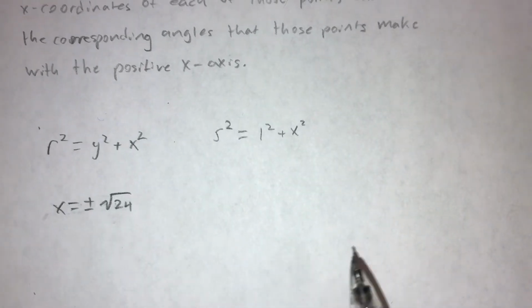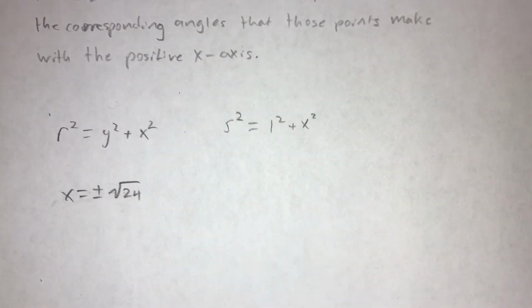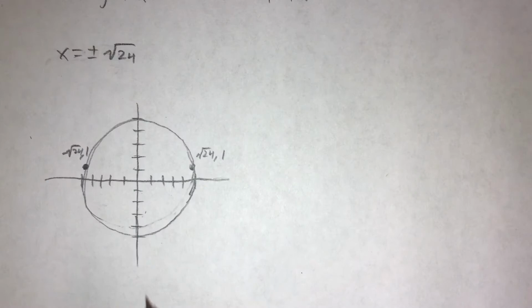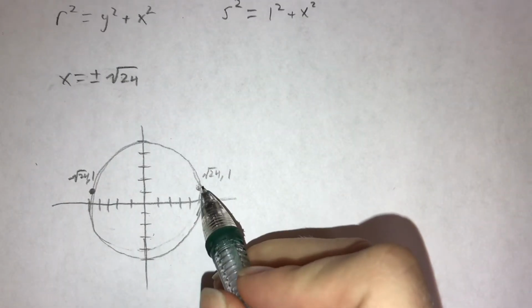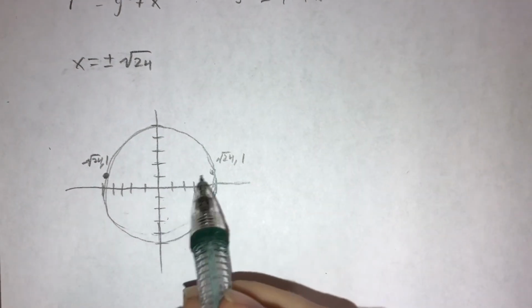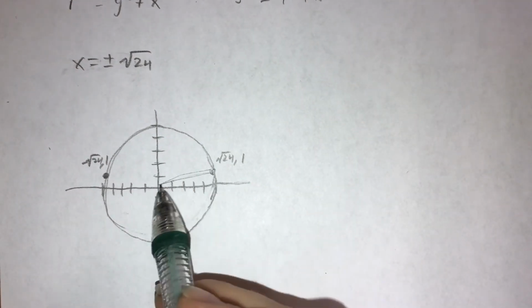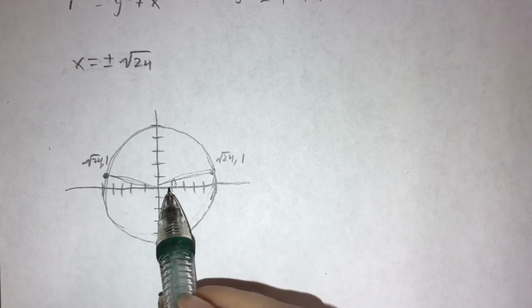Now I'm going to plot the points we have on a graph. Here's my very sloppy graph, but we can see that we have 2 points here, and we're going to need to find the angle here and the angle that is between here and here.